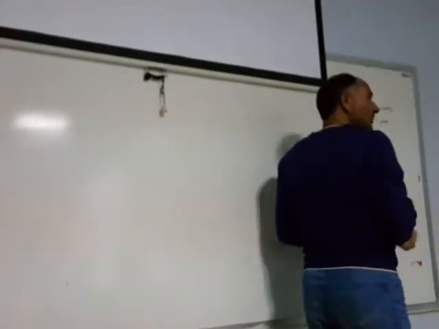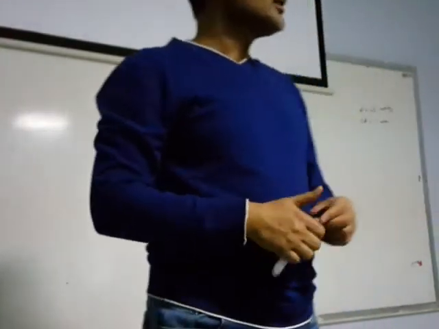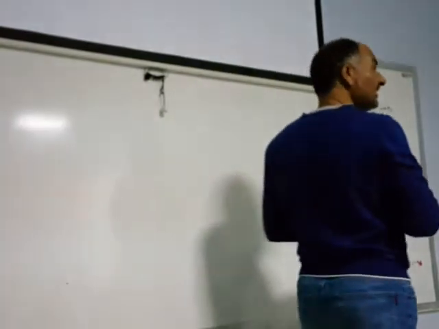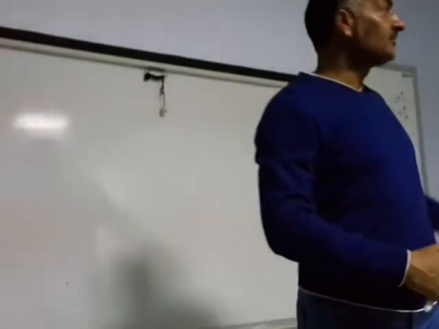So I have a mean and standard deviation given to you. Please tell me the interval in which 68% of the population falls, and the interval in which 95% falls. How will you do that?